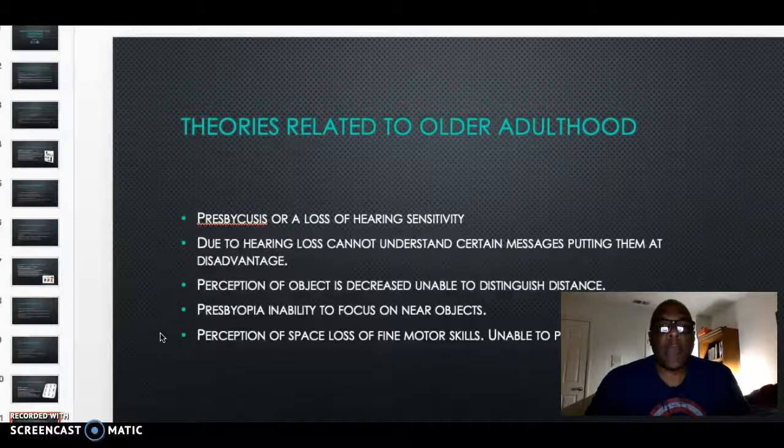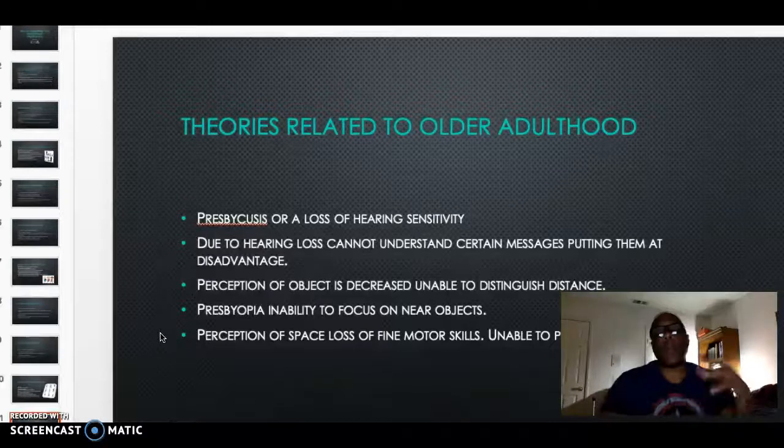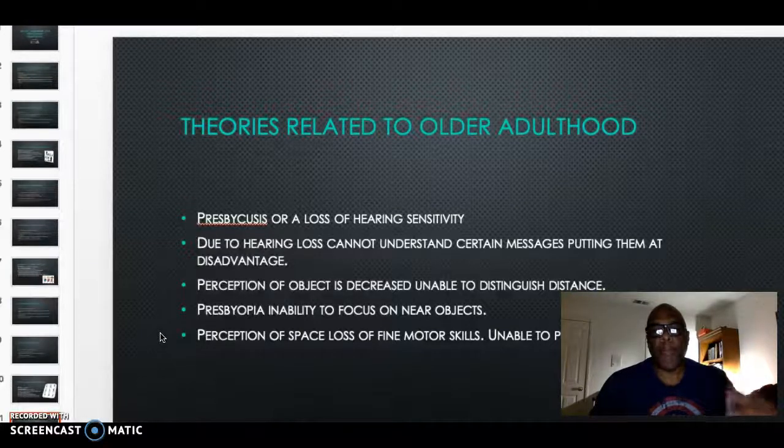Presbyopia is the inability to focus on near objects, which affects the way they grasp things, their depth perception, perception of space, loss of fine motor skills, and inability to perceive depth. That will greatly affect the way they walk and, again, their relation to their environment, so they might tend to bump into things if they can't judge the distance.